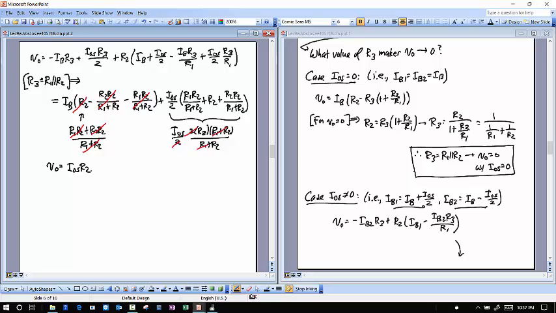Okay? And so we want to compare that to what we would have gotten if we just had bias current times R2, which is what we would have had before, right? So without the correction using R3 equal to R1 parallel R2, we would have this voltage at the output.